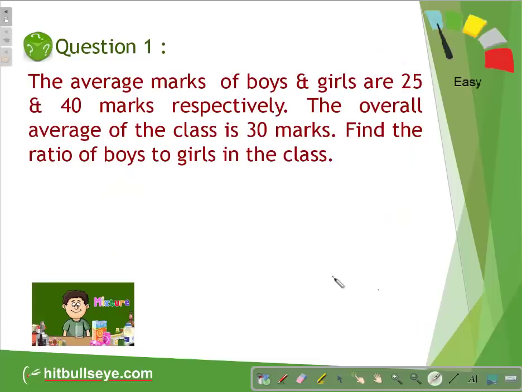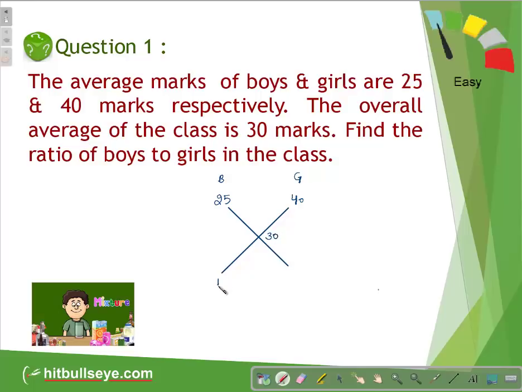Just try to answer this first question. In this case, the average marks of boys are given to be 25. The average marks of girls are given to be 40. And the average marks of the whole class is given to be 30.